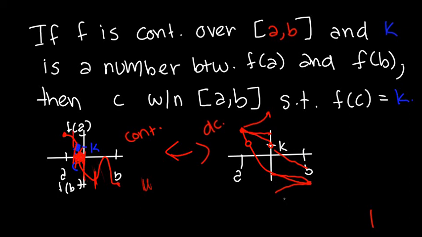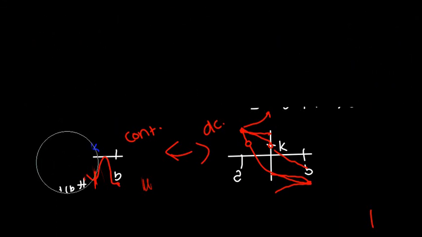Okay? So there is one last thing. I'm going to erase this. There's one last thing we need to understand about limits, and this is the idea of a limit at infinity.